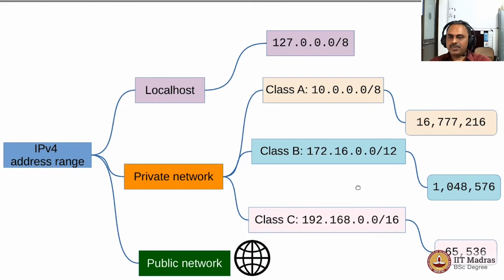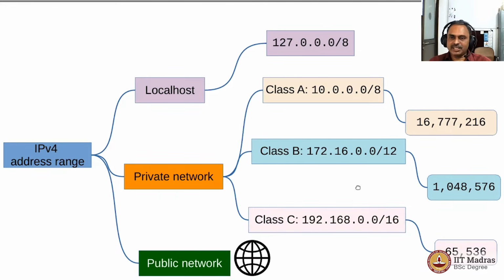The class B addresses start with 172.16, and then the last two parts can be varied, and you have about 1 million IP addresses possible. Class C would have 65,000 IP addresses possible.